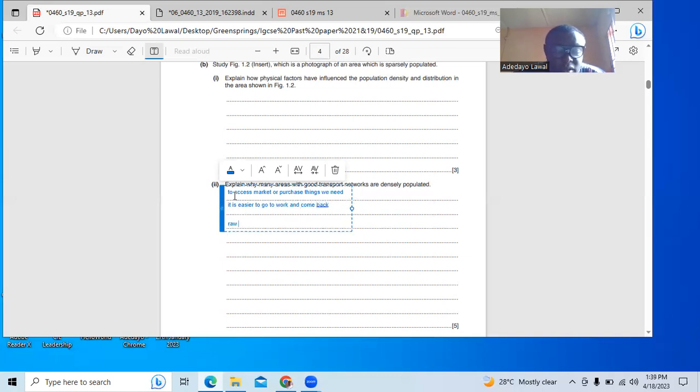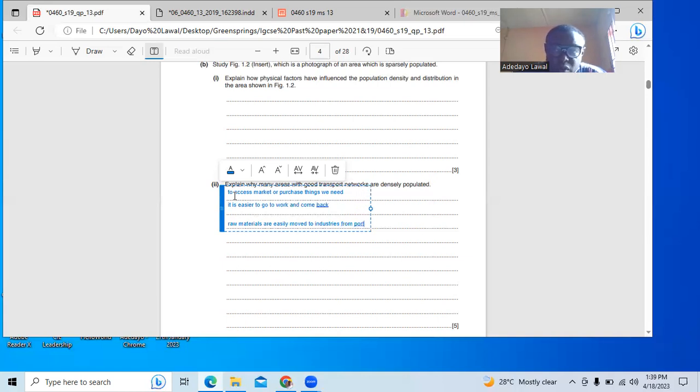Raw materials are easily moved to industries from anywhere.